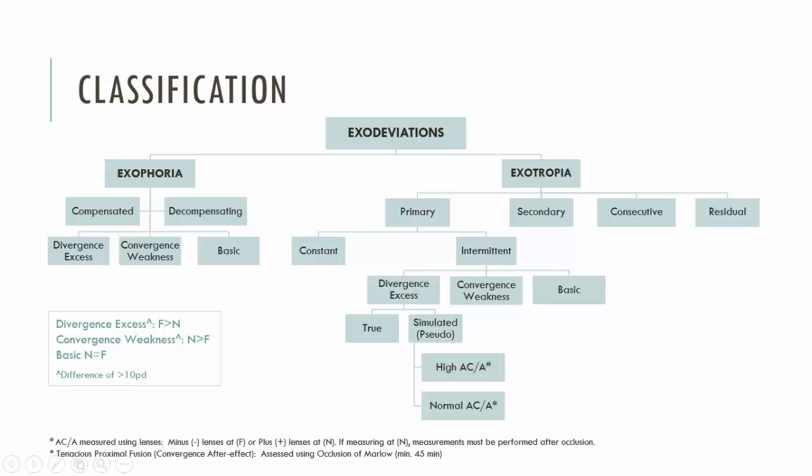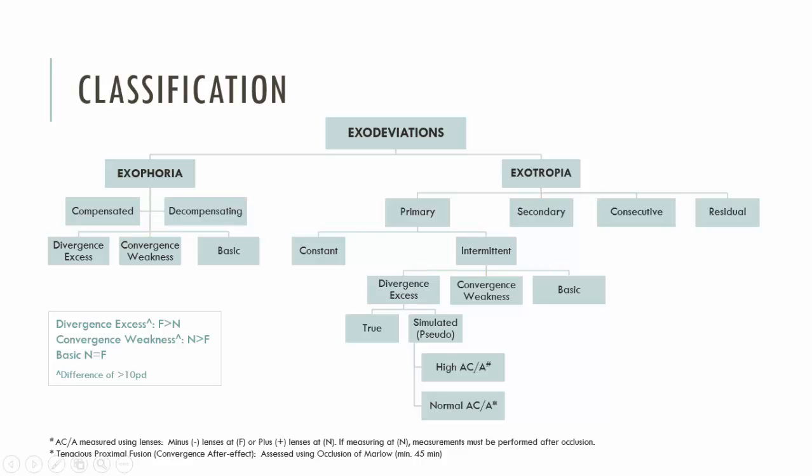For example, a constant deviation may be such that the angle of deviation is greater at far as compared to near, which means there is a divergence excess pattern present. The reason, however, that many textbooks indicate divergence excess, convergence weakness and basic in relation to intermittent is because we're indicating with that term in the intermittent patients that there is a distance at which the patient is straight.